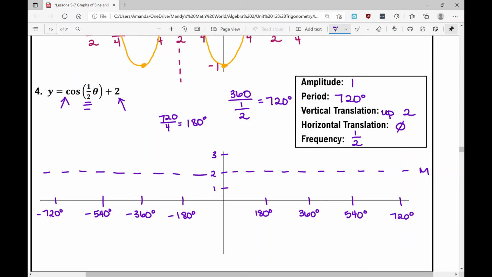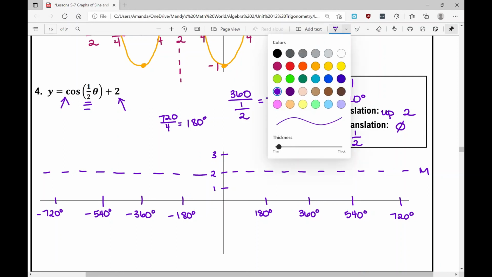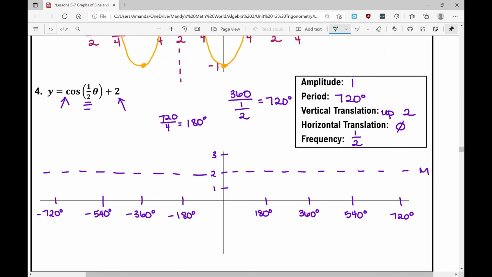I know that one period is 720 degrees. I know it's a cosinusoidal function that's been shifted 2 units up. And then from that midline, it takes this shape, it has that pattern right there. So from that midline, I start high, which is at 3. And then I go mid, and then I go low.